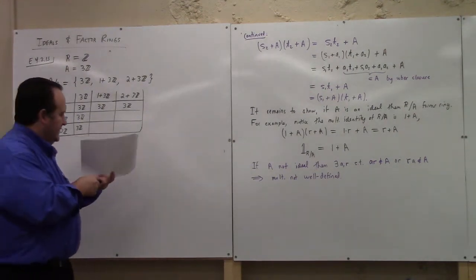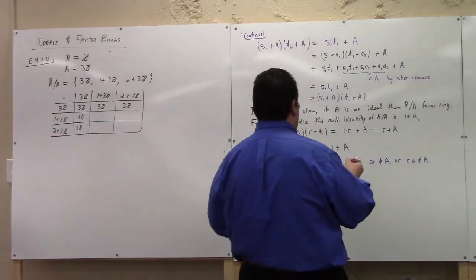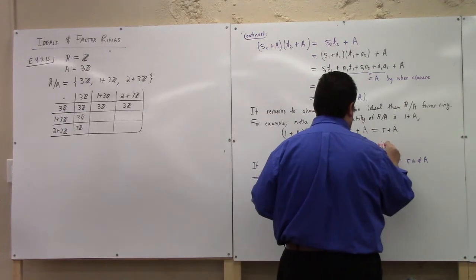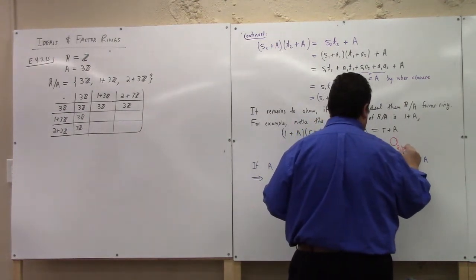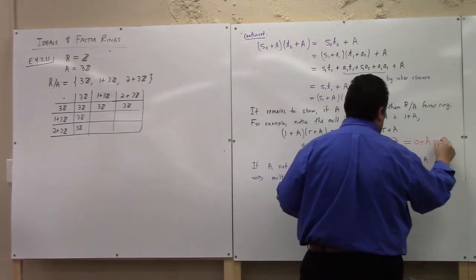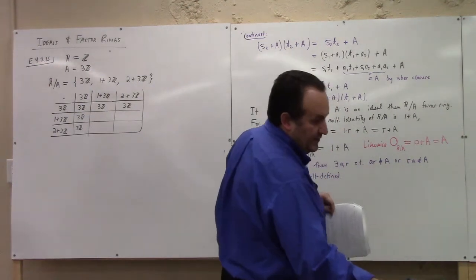Yeah, I think the thing I failed to make a mention of over here, and I should have, is that likewise 0 for the ring is equal to 0 plus A, which is just A. So the ideal itself serves as the 0 for the factor ring.